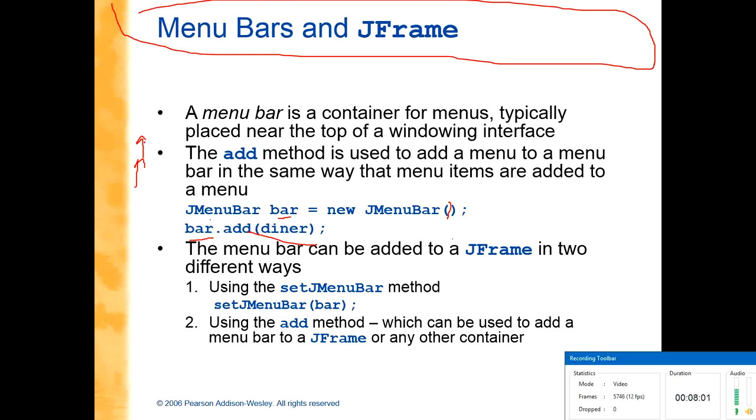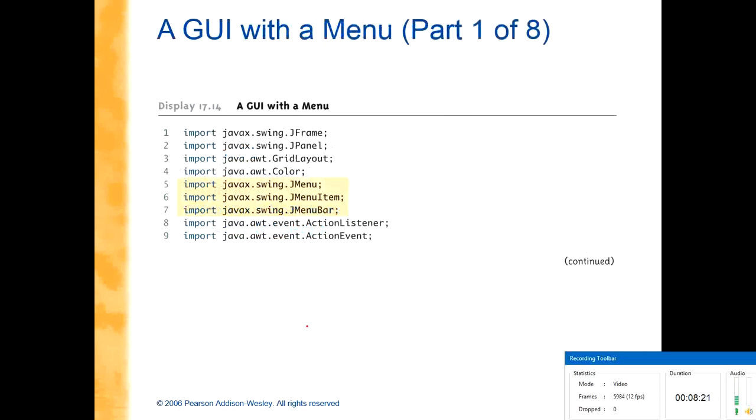Then the menu bar has to be placed. Now how to place it? We have a method setJMenuBar. It will place the menu bar on the top of the window. So setJMenuBar followed by the object of the JMenuBar, or we can use the add method also, which can add a menu bar to the frame. Any one method we can use.